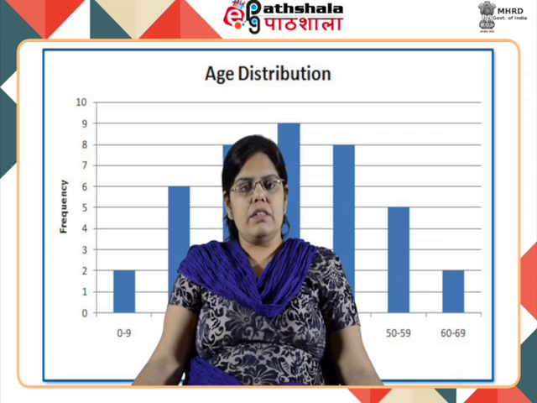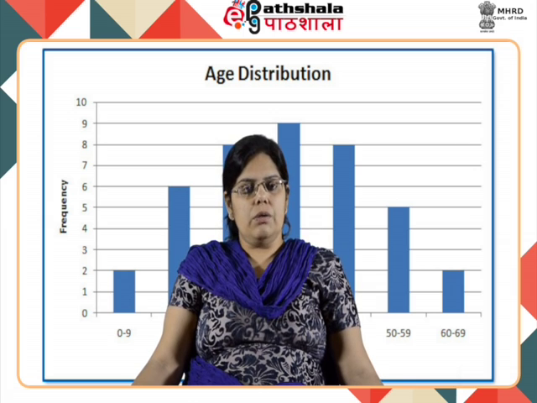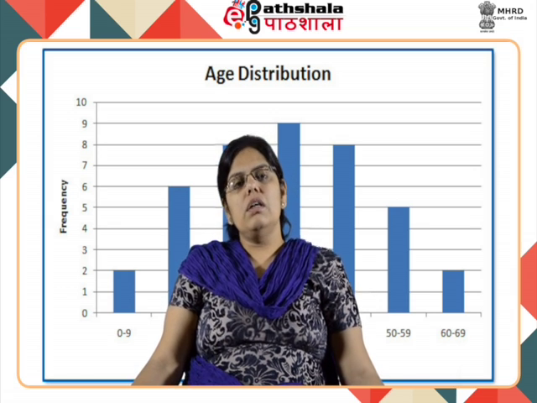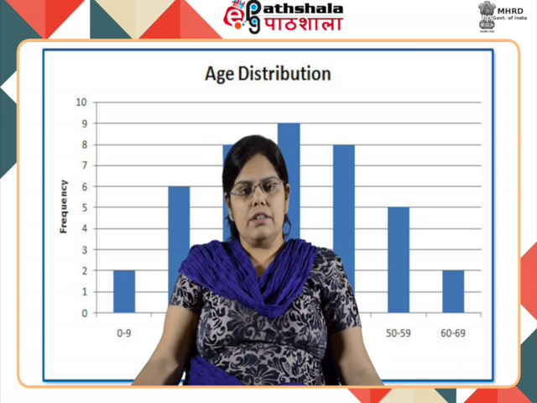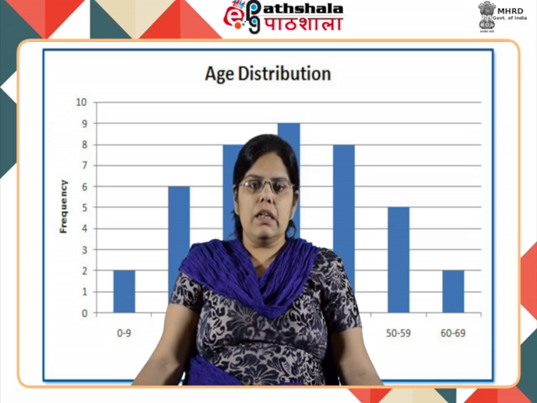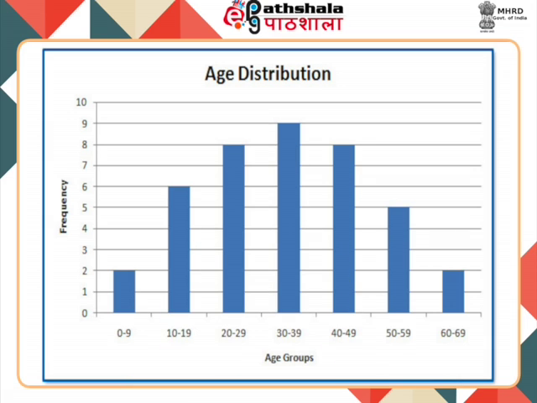A grouped frequency distribution is another kind of frequency distribution in which class intervals are used to represent the actual test scores. The total number of class intervals and the width of each class interval depend on the convenience and choice of the statistician.